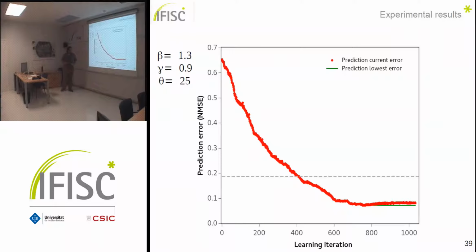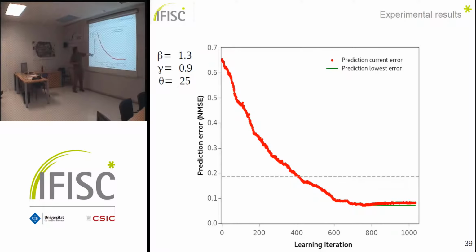So I'm going to show you the first results of our system. Here I'm showing how the error on this prediction task evolves as the system learns. We have the learning iteration, so how many new configurations the system tries, and on the y-axis, the prediction error, measured with the NMSE, normalized mean squared error, which is an error measurement that you want as low as possible.